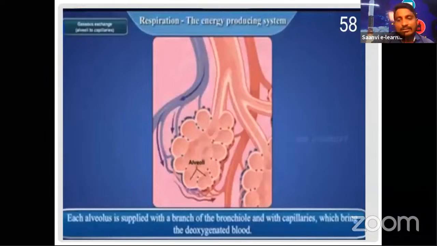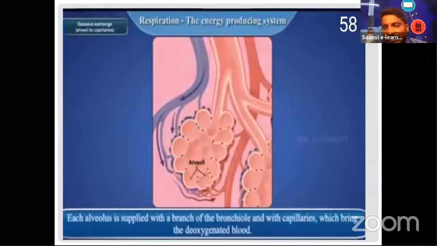See here, when exchange of gases happens at the lungs level, the blood cells carry the oxygen to the cells at tissue level. There cellular respiration takes place. In cellular respiration, three things are released: carbon dioxide, energy, and water.